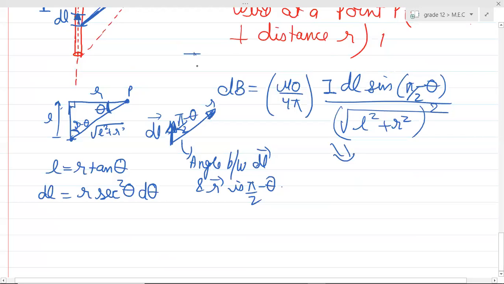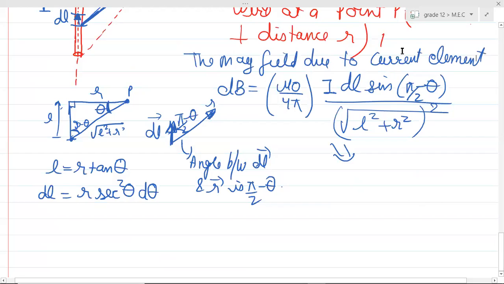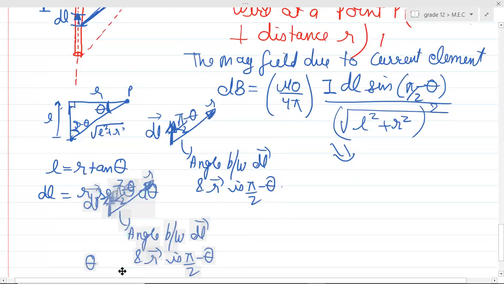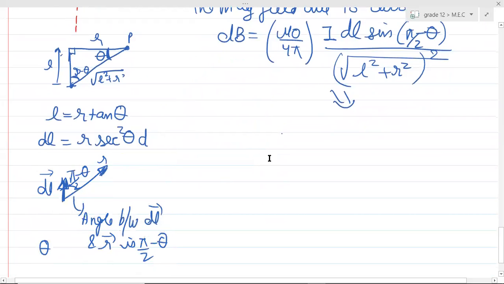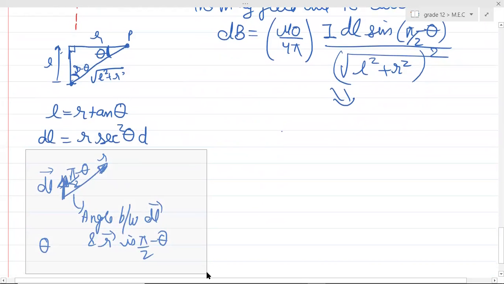So the magnetic field due to the current element at point P, or instead of writing it over here, I'll write it over there. So that at least you will remember why we took pi by 2 minus theta.